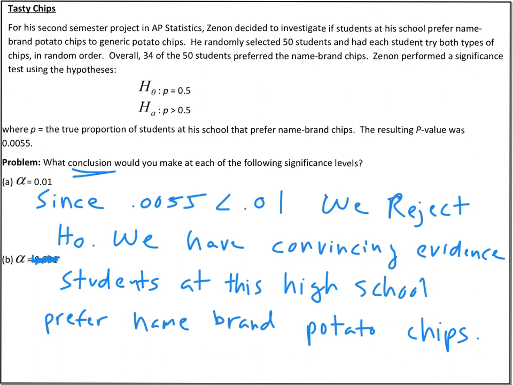We have two hypotheses. Okay? And look at what we did right after we compared the p-value to alpha. We rejected H0. We said, you know, we do not think that that one's true. Okay? That leaves us to conclude HA.